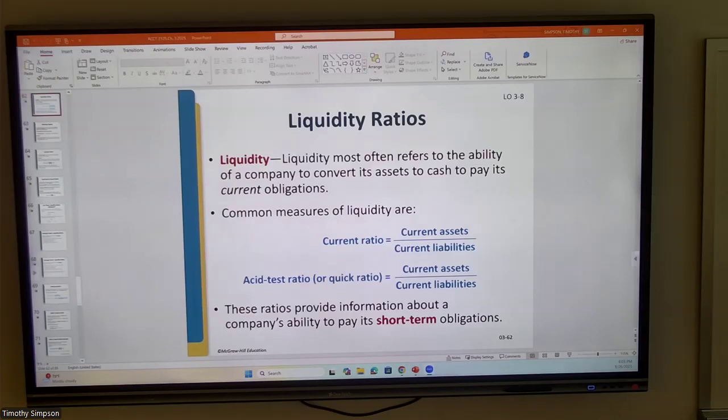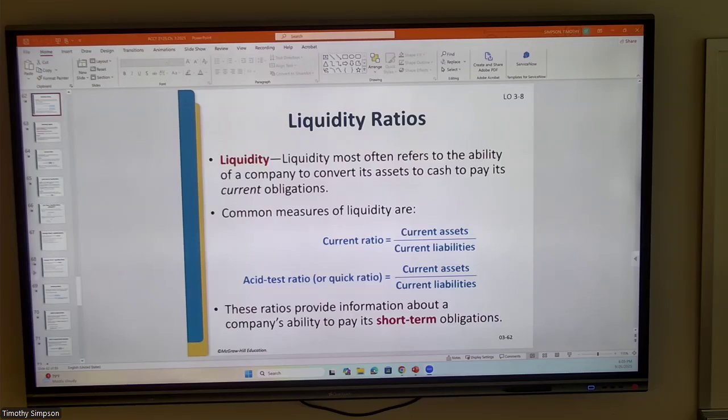The first category is what we call liquidity ratios. And let's talk a bit about liquidity and what it is. I think that oftentimes there's a misunderstanding about what liquidity is versus solvency, and it's an easy one to confuse. That is the misapprehension here. Liquidity really deals more with the balance sheet concept of where things are, how liquid the firm is.